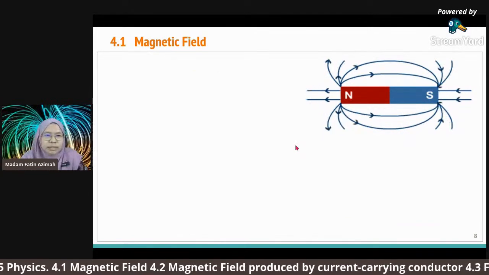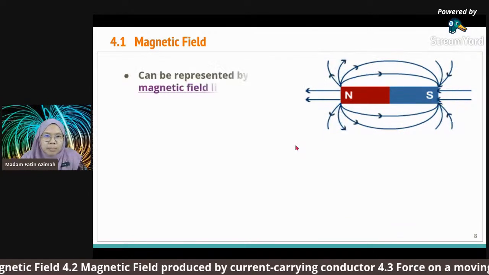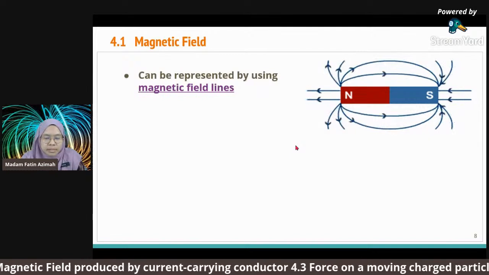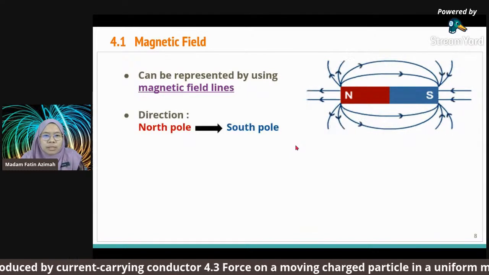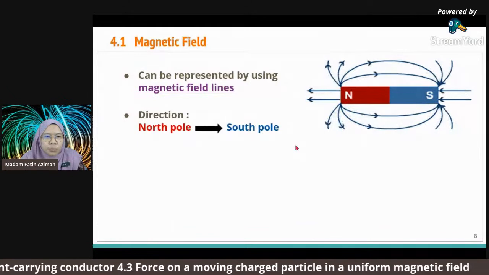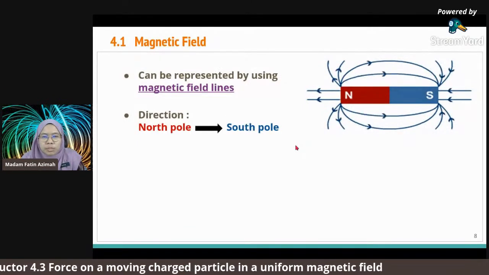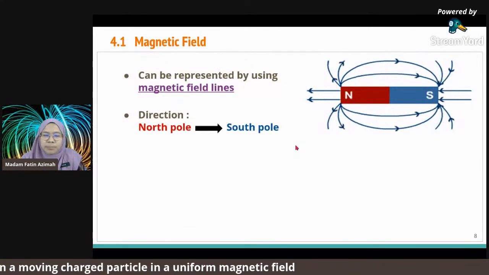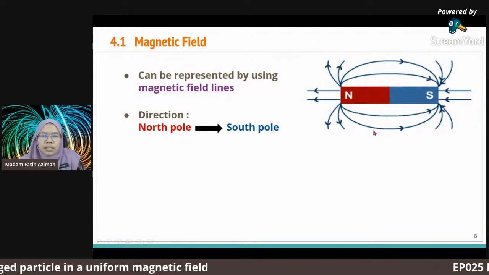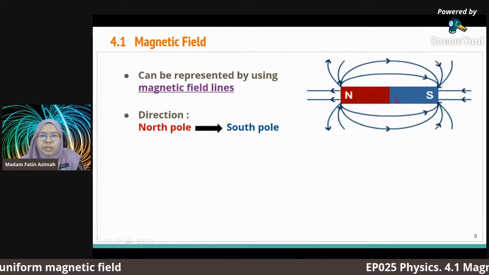Okay, magnetic field can be represented by using magnetic field lines. The directions of the lines start from the North Pole going into the South Pole, as you can see in the animation. So the lines are leaving the North Pole going into the South Pole.